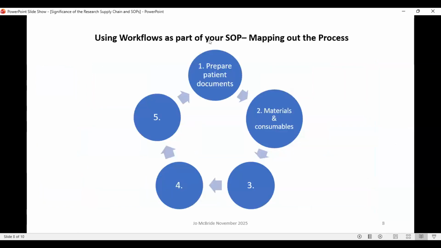So there are other ways that you can also use workflows for mapping out processes, and I've just filled in two of these little circles. We used to use them quite a lot because it used to help us.